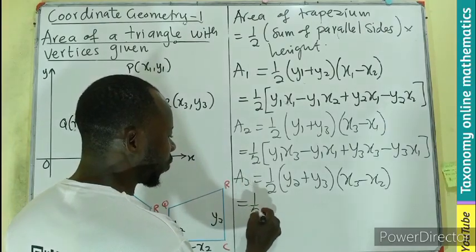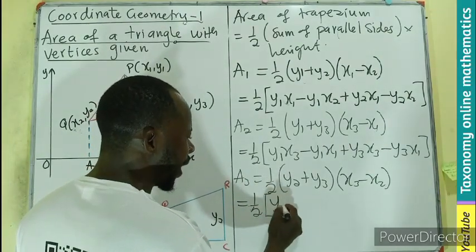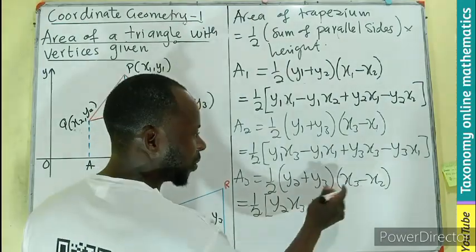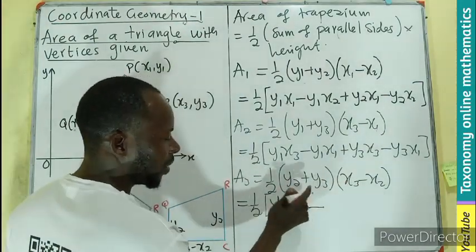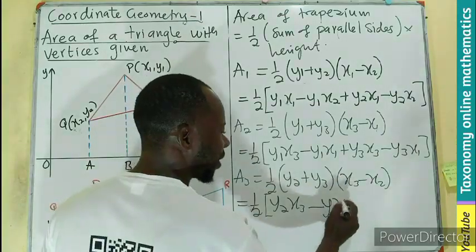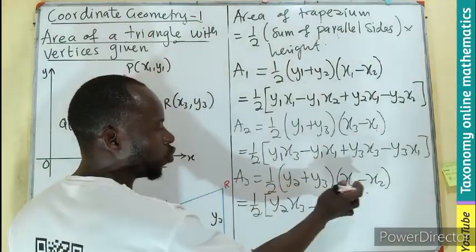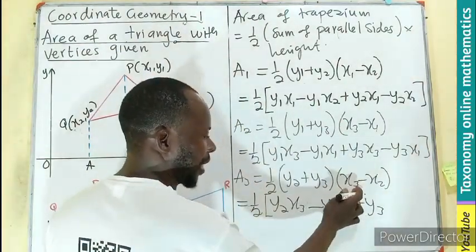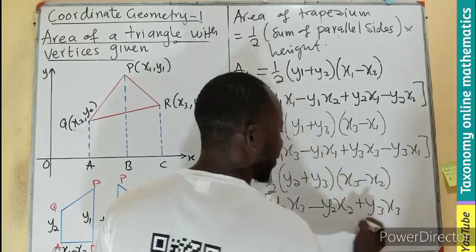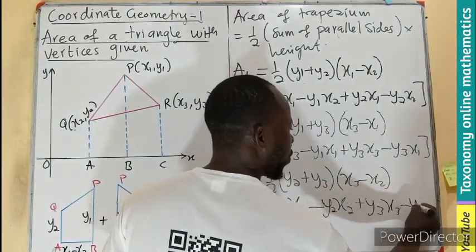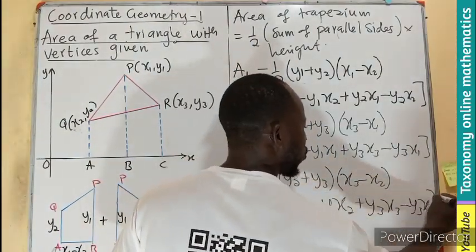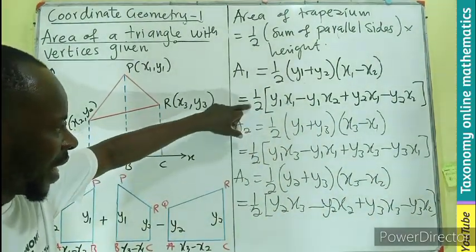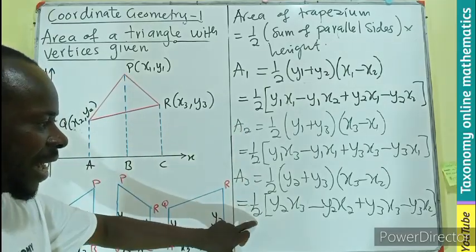So y2 will multiply x3, plus, this is negative, so minus y2 x2, plus y3 times x3, then minus y3 x2. So the first area is here, the second area is here, the third area is here.